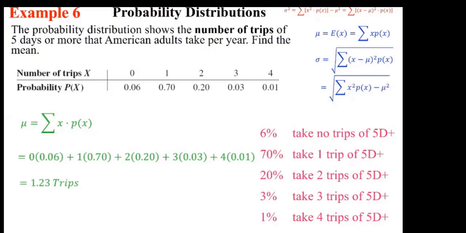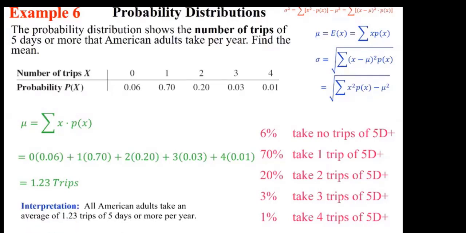And that is the expected value of the number of trips. So what it really means is that according to this data, all American adults take an average of that many trips that are 5 days or more per year. So that is the probability distribution of a DRV, discrete random variable, and what it tells us.